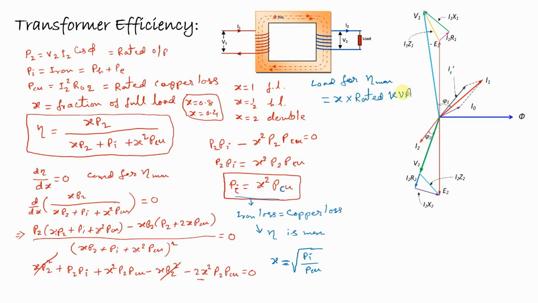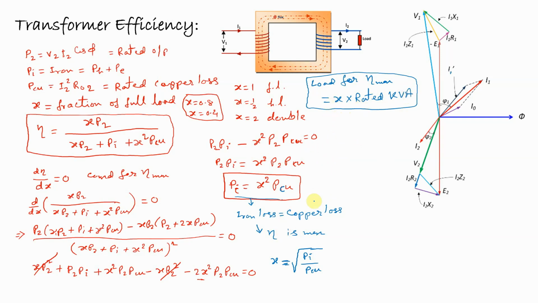This is the relation that we have to use during numerical question solutions. So sometimes it can be asked to find what will be the load on the transformer when the efficiency is maximum. That can be calculated by multiplying the rated kVA with the value of x.